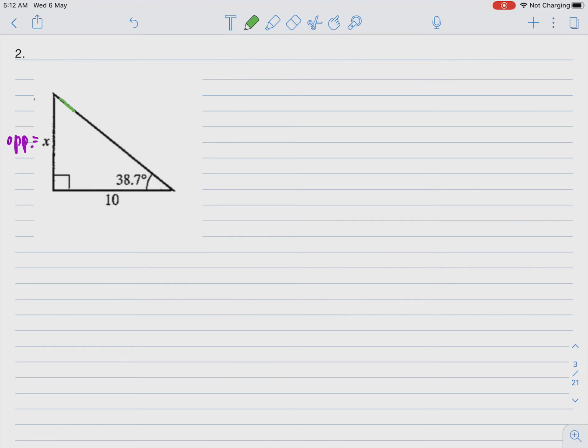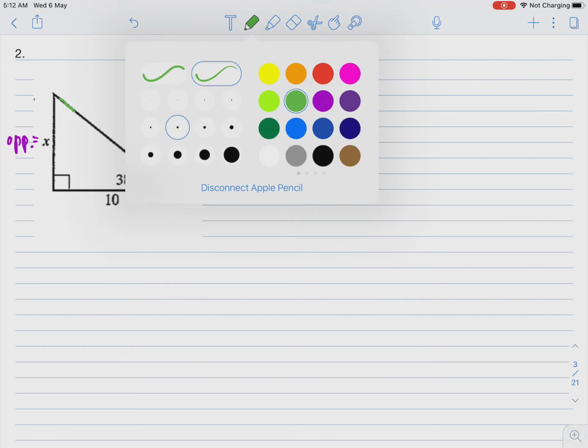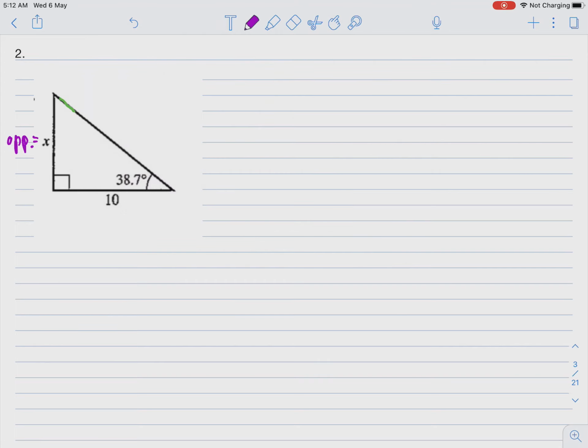It is not given and it is not required, so I don't care about it. The third one is this one, the adjacent. So I have the adjacent, which is 10, and the required is the opposite.